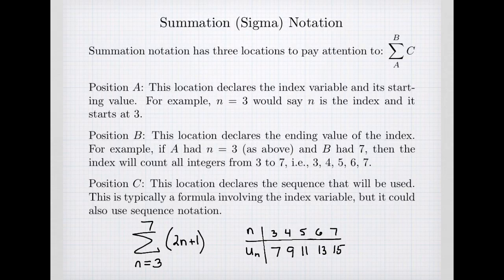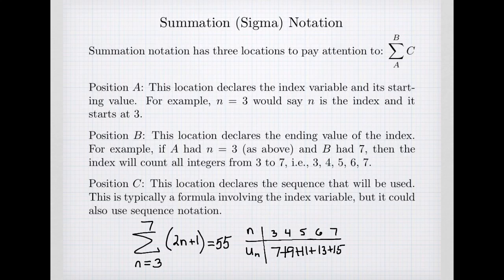Now that I have my sequence for my index starting at n equals 3 and going to n equals 7, I'm going to add up these numbers, 7 plus 9 plus 11 plus 13 plus 15, which gives me a value of 55.